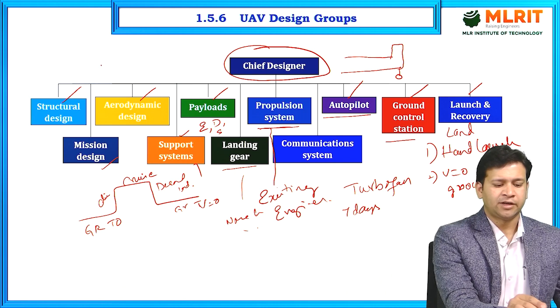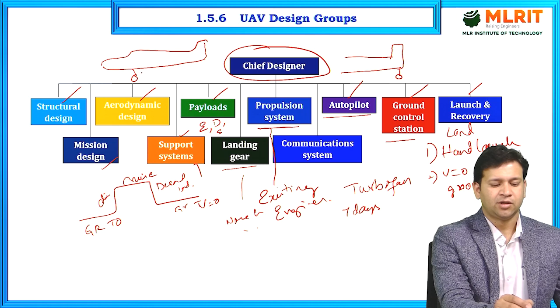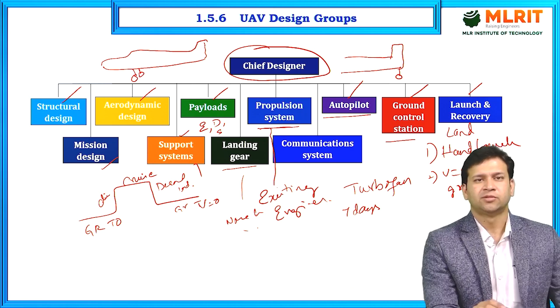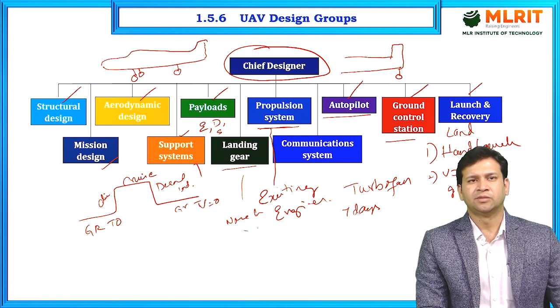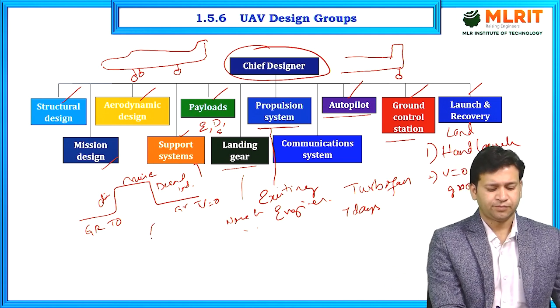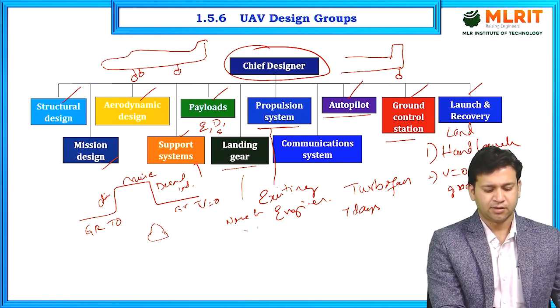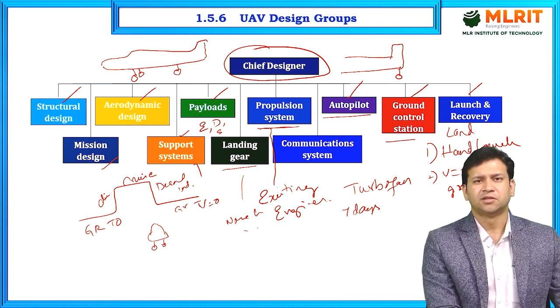Or if it is a basic unmanned air vehicle, it will have 2 main landing gears at the front, and it will have 1 supporting rear landing gear. And if we see it in the front view, it will be looking like this. This is the landing gear mechanism what we have.